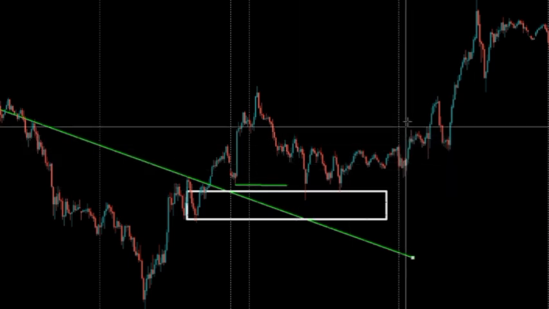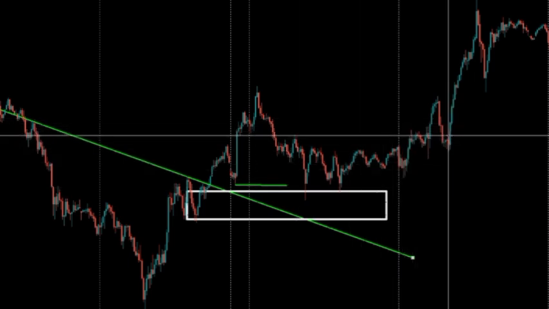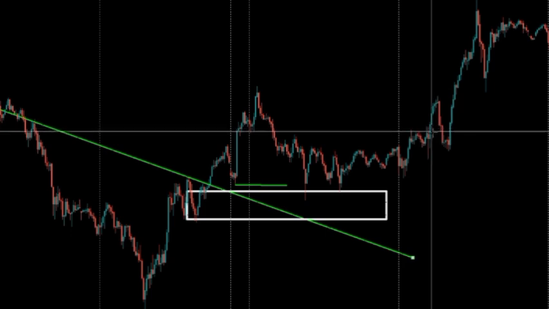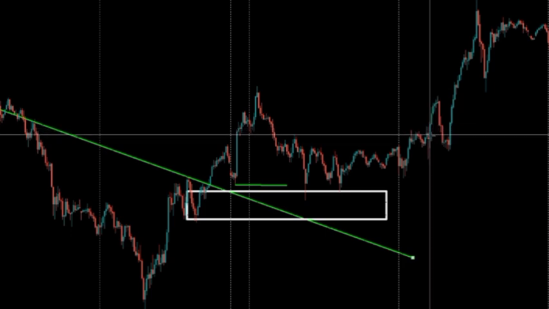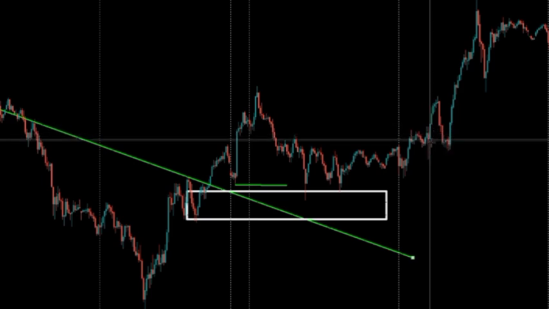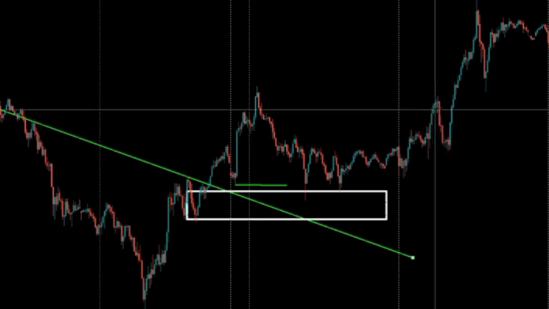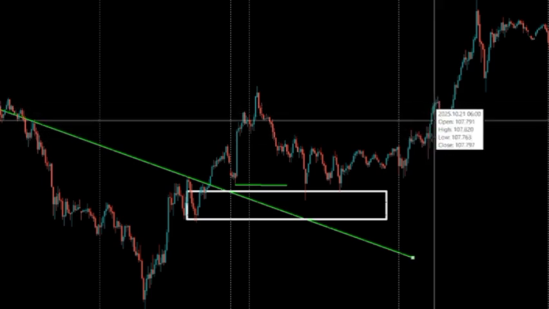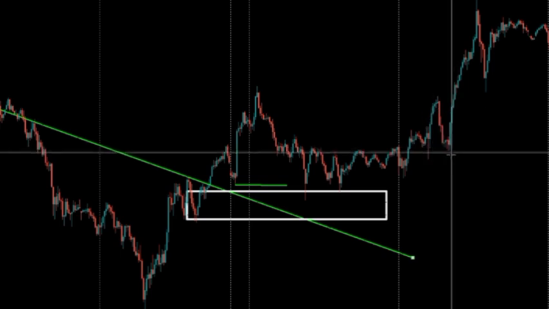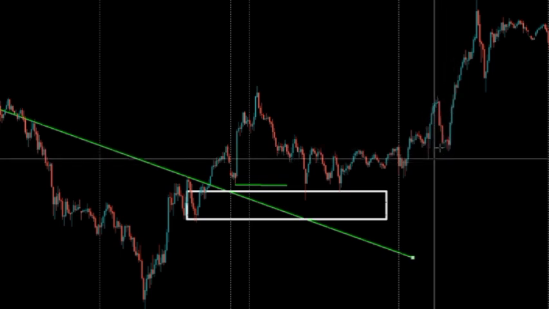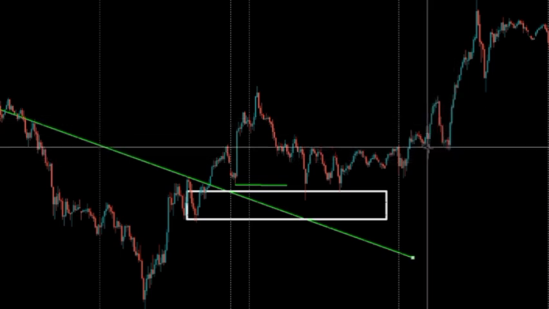Once internal structure has been broken, you make sure you enter below the 50% fib, which is the discount zone, since we are buying.